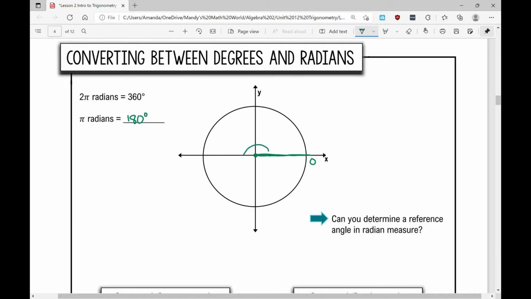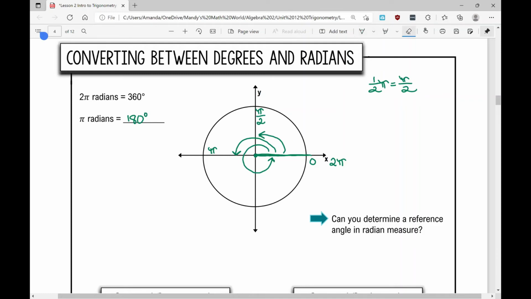All the way around in radians would be 2 pi, which means halfway around would be pi, half of 2. A quarter of the way around would be half of pi. 1/2 pi is the same thing as pi over 2. So I'm going to write this as pi over 2.